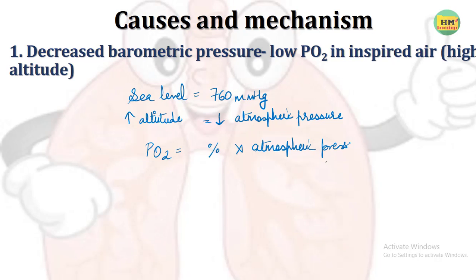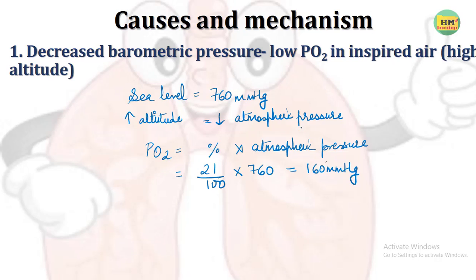At the sea level, we multiply 21%, which is the fraction component of oxygen, into 760, and we get about 160 mmHg partial pressure of oxygen at the sea level.